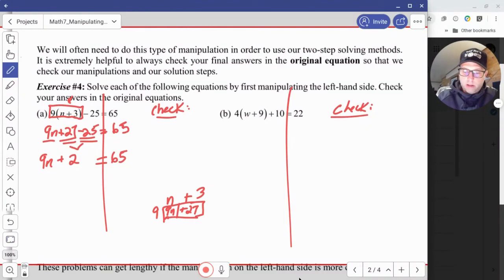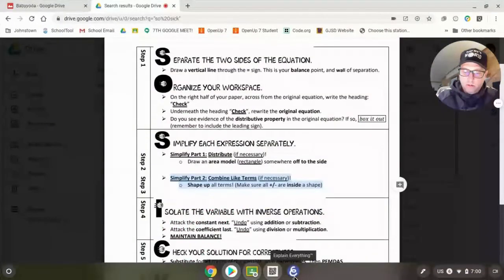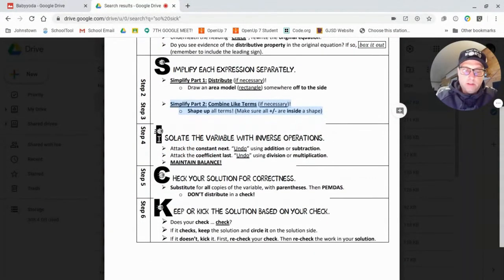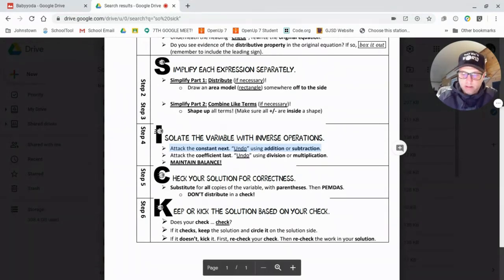Let us look at our chart again. Now we're on to the isolate step. It says isolate the variable with inverse operations. Isolate with inverse. So it says attack the constant next. In other words, undo using add or subtract. So let's attack the constant next.